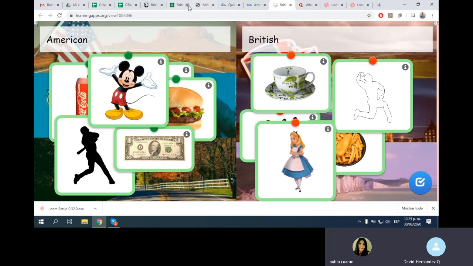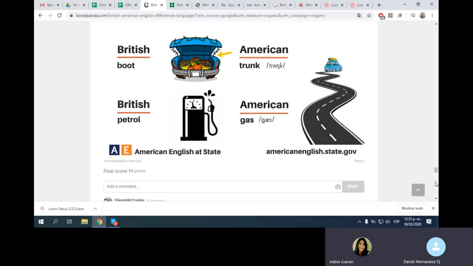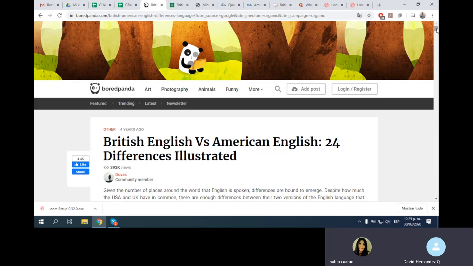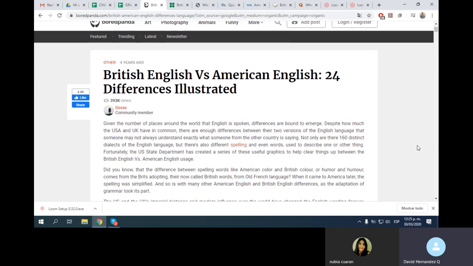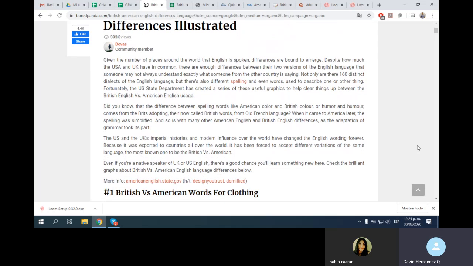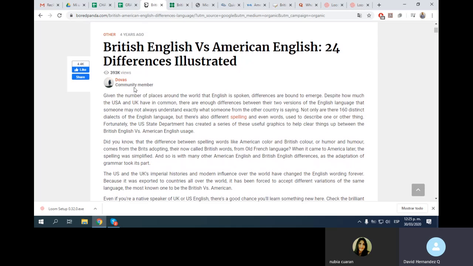Ok. Y por aquí hay una paginita muy buena, se llama El panda aburrido. No sé por qué se llama así, pero me pareció muy interesante en cuanto a este tema. El tema de British English versus American English, con, ¿cómo es que se pronuncia esta palabra?